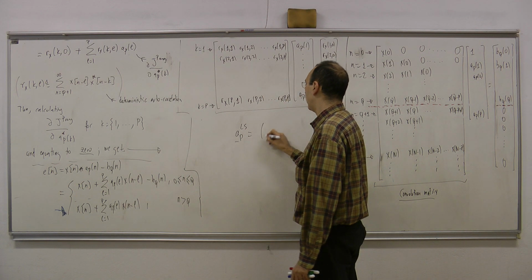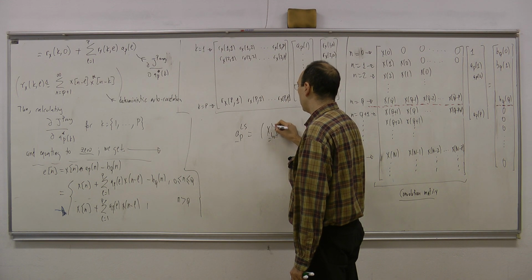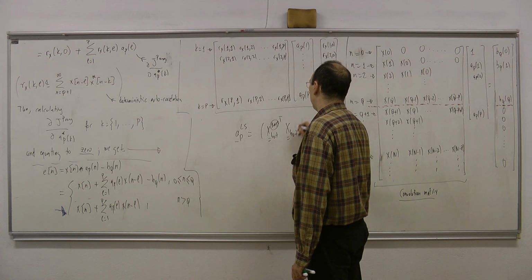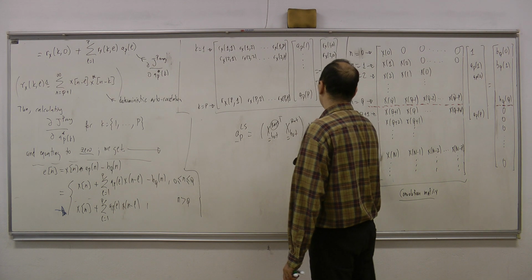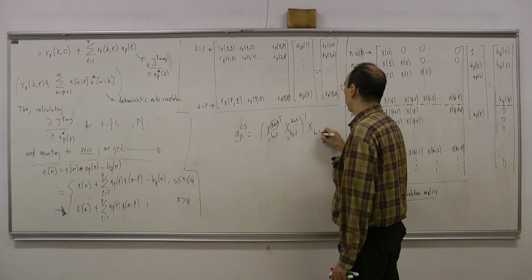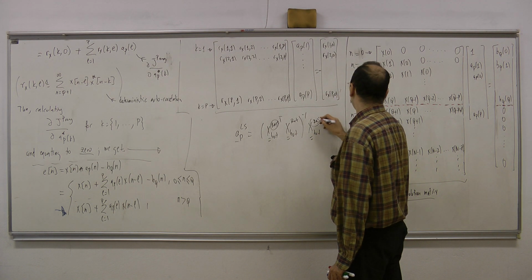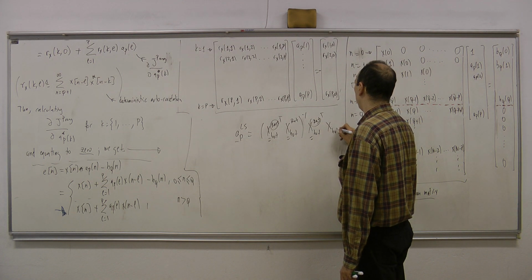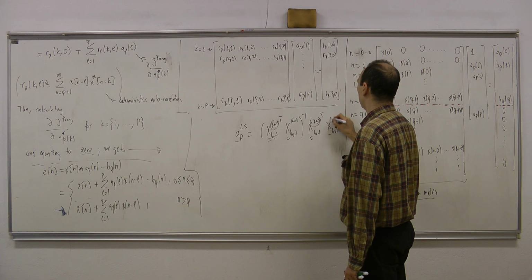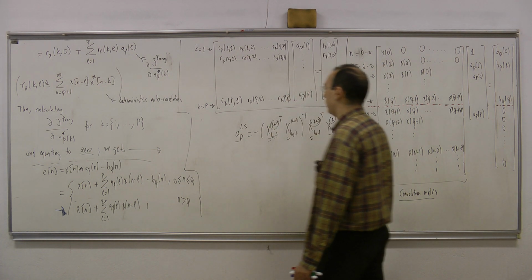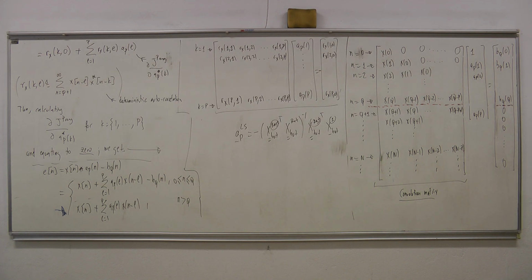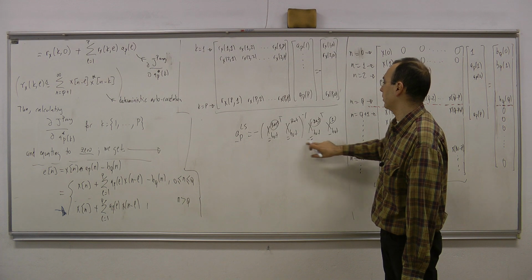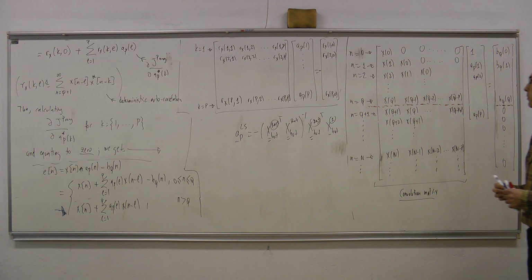It was x bottom rest transpose x bottom rest, inverse of this, times x bottom rest transpose times x bottom first column, I guess. There was a minus sign also somewhere. Okay. So do you agree that this is this? For example, if I take the inverse of this matrix, do I get this matrix? So how can I see this?